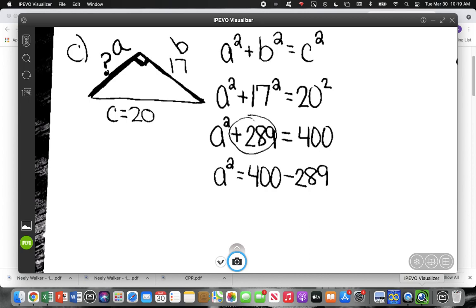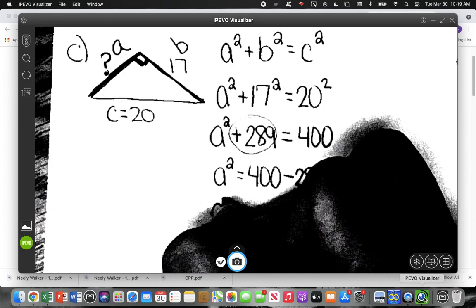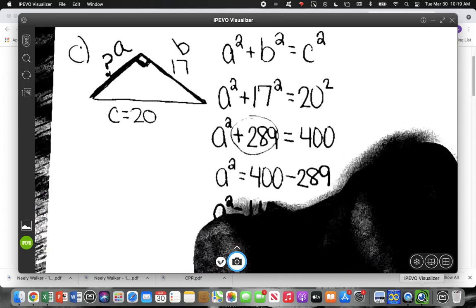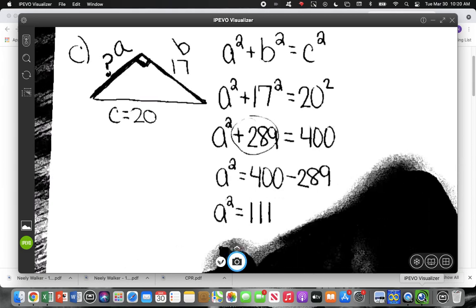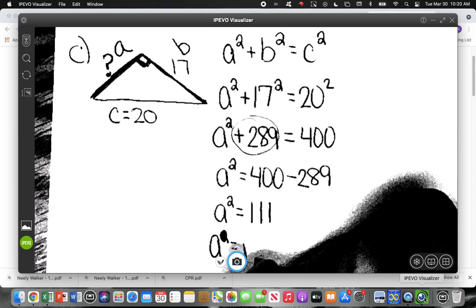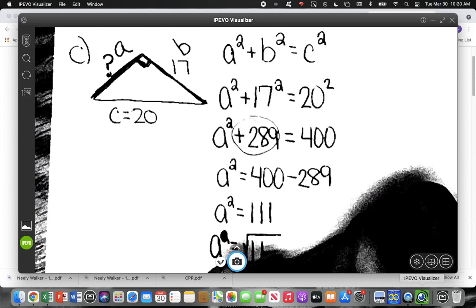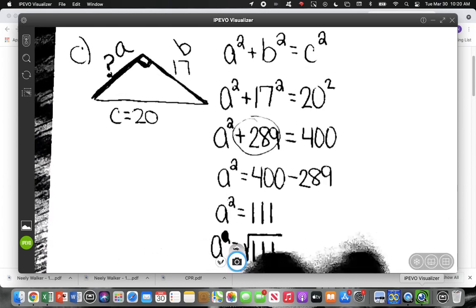What is 400 minus 289? 111. So on this one, we do have to take the square root of 111. This is where you need your calculators. Let's get them out.